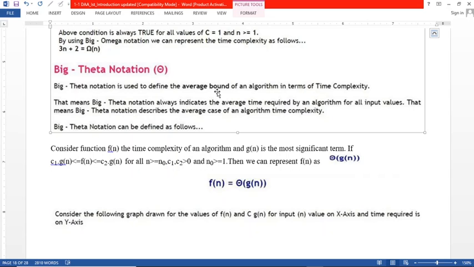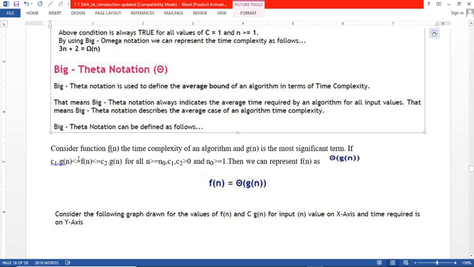It should be in average. So what is this? We are going to see now. That means theta notation always indicates the average time required by an algorithm for all input values. That means theta notation describes the average case of algorithm time complexity.